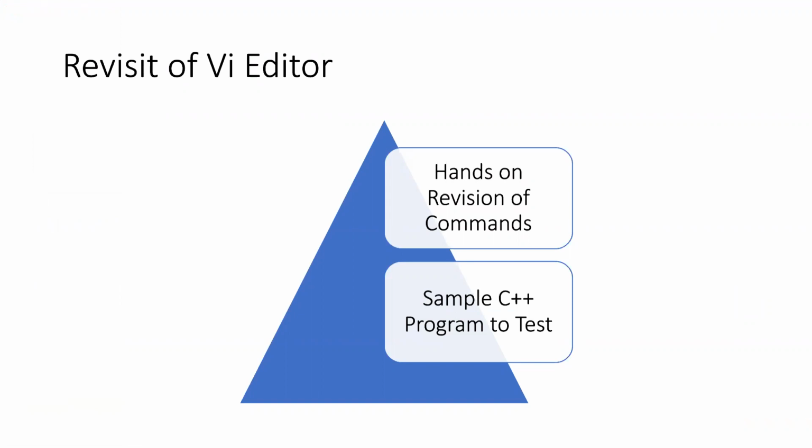From the terminal we switch to it using the vi command: vi then the file name. If the file already exists, it will open. If it doesn't exist, the file will get created. So vi with a file name and extension means one file will be created. And there are some prototypes of C++. I will write here, you try to understand. If you find it very difficult, I will elaborate in my next few videos.